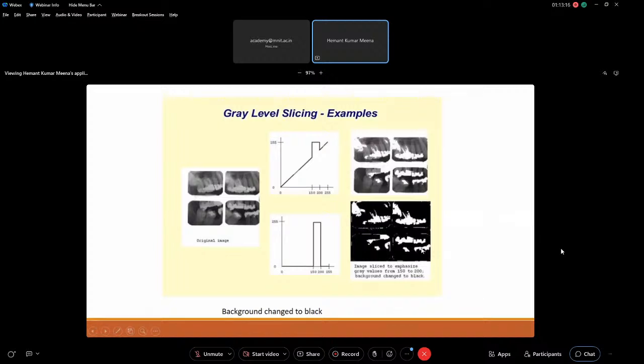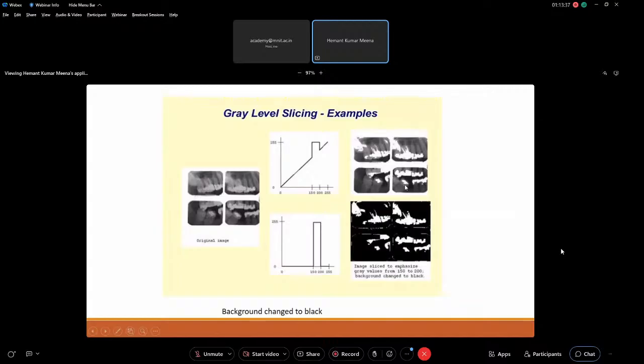Gray levels. In another example, you can see the original image. When gray level slicing is applied, you are able to see the detail in the upper right one.